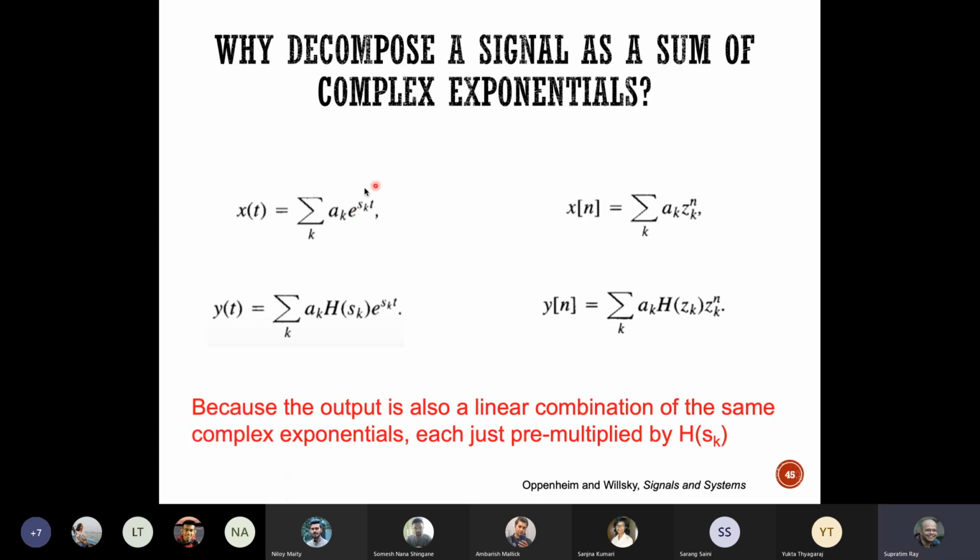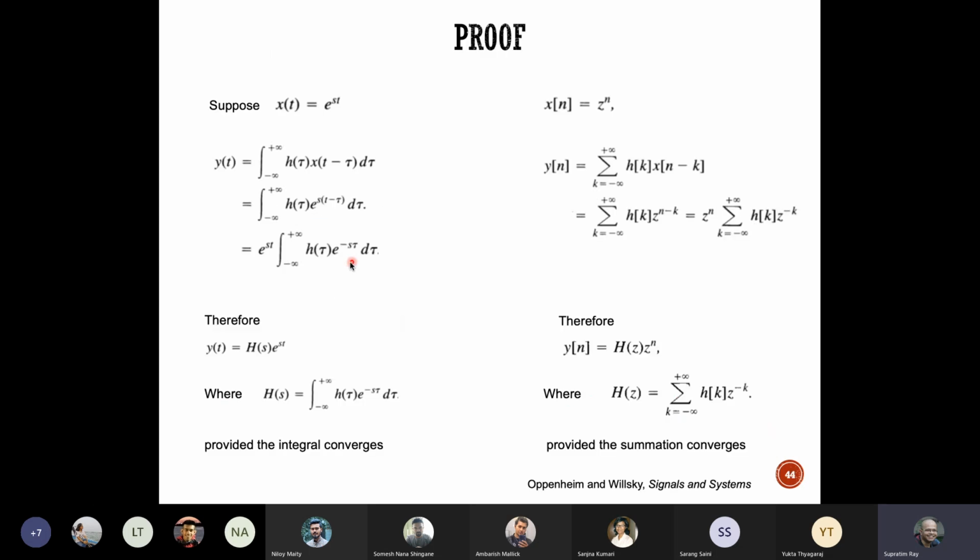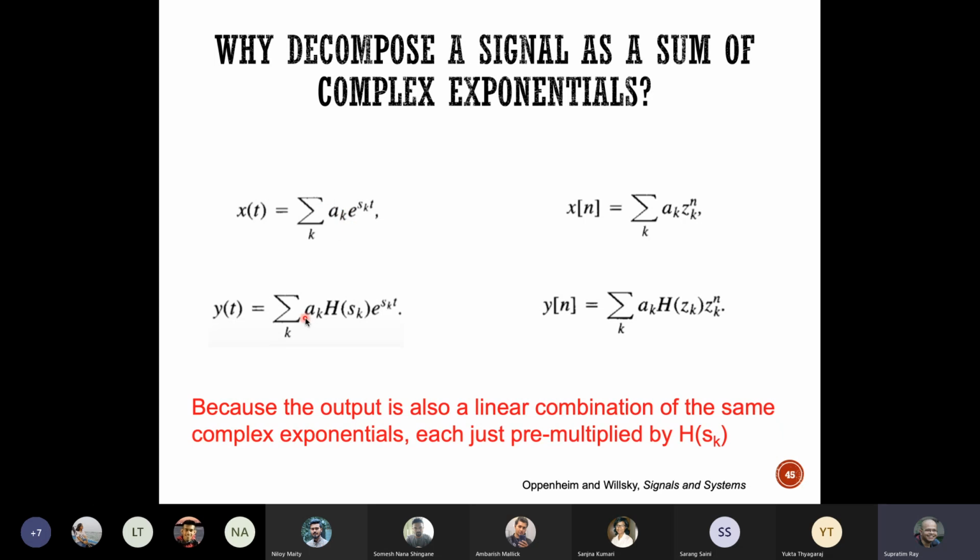If I give e^(s_k t), I get H(s_k) e^(s_k t). That just follows from here. And then this scaling will add the same scaling, and the summation will add the same summation because it's linear. So my y(t) is known for any x(t) as long as I can decompose it this way.